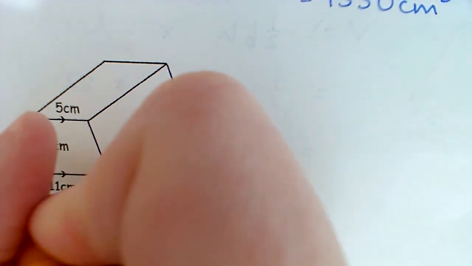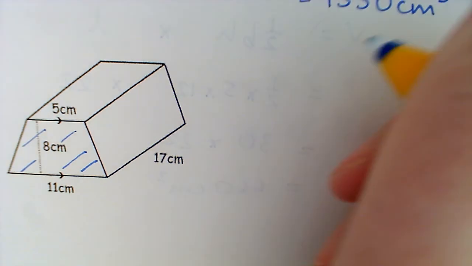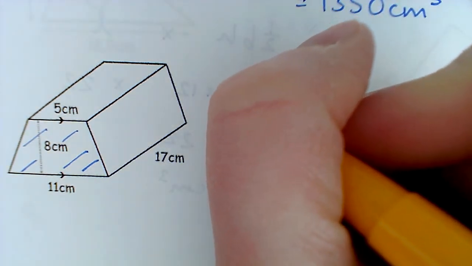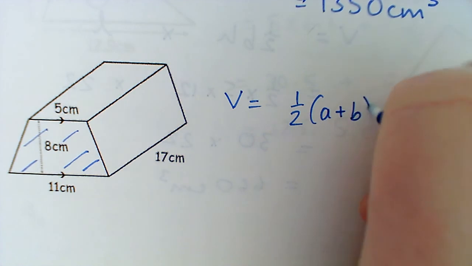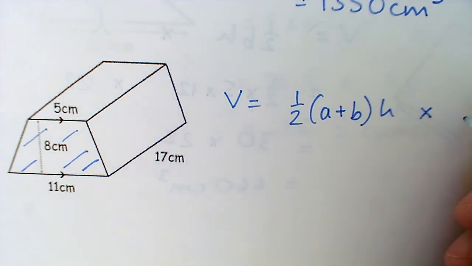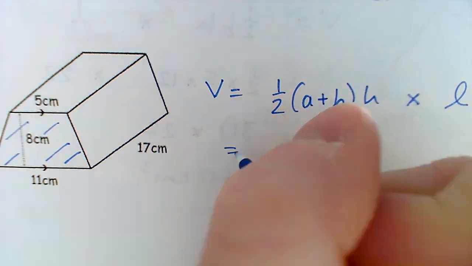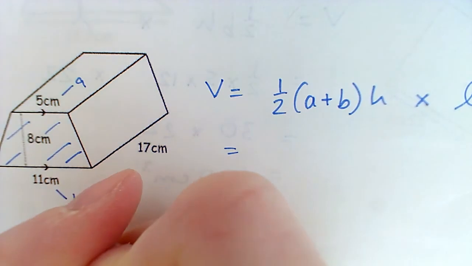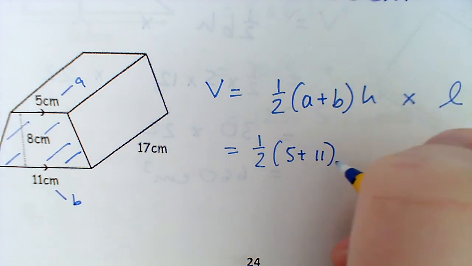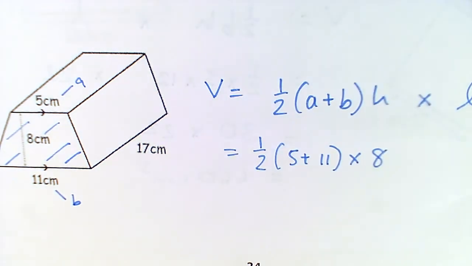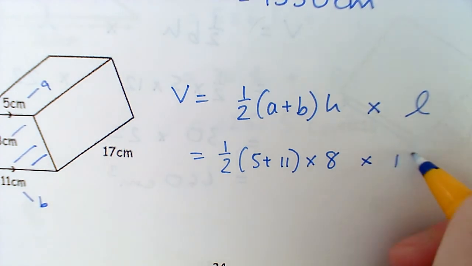Okay, and our last one, so our cross-section area here is a trapezium. So it's just one area that we'll have to find. So our volume is going to be the area of the trapezium and then multiplied by the length. So the trapezium then, the 5 and the 11 are the A and the B, and the height between them is 8. The length of the prism then is 17.